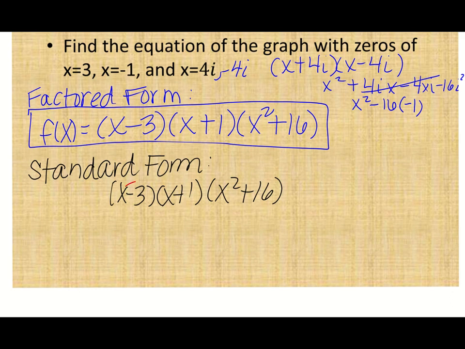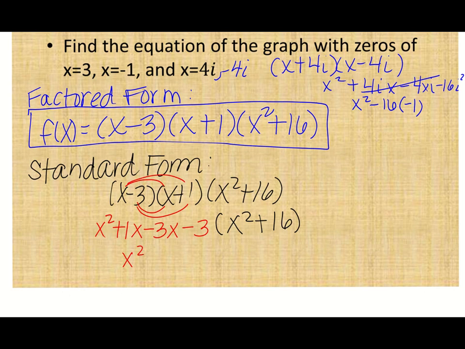So I'm going to take this and multiply it out. So I get x squared plus 1x minus 3x minus 3. And I'm going to have to end up multiplying that by x squared plus 16. So this I can simplify down a little bit further to get x squared minus 2x minus 3.